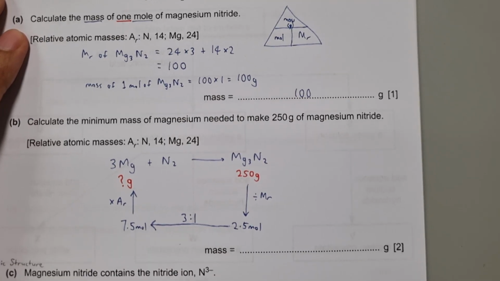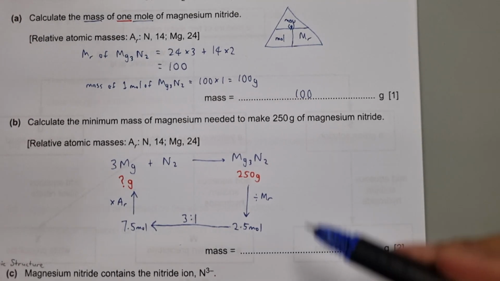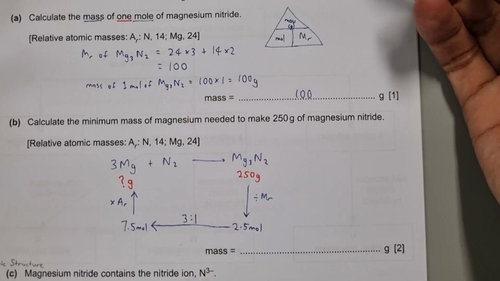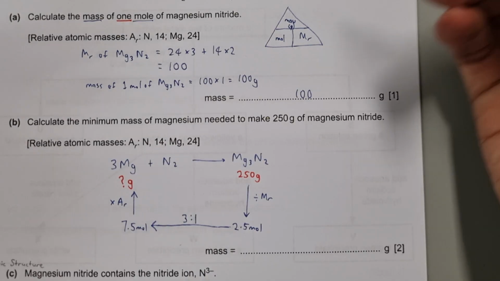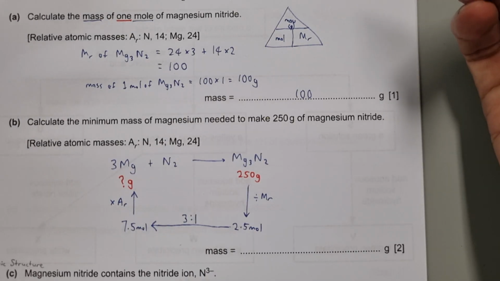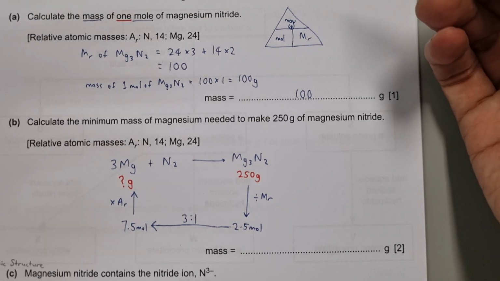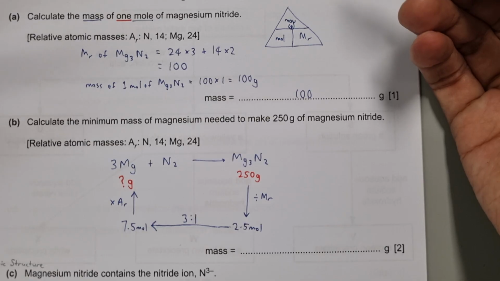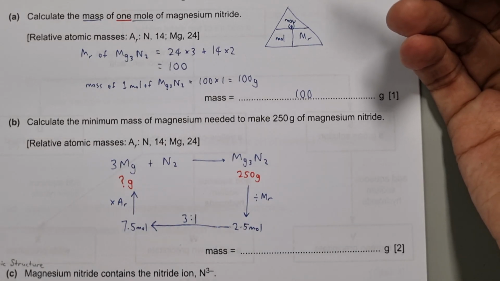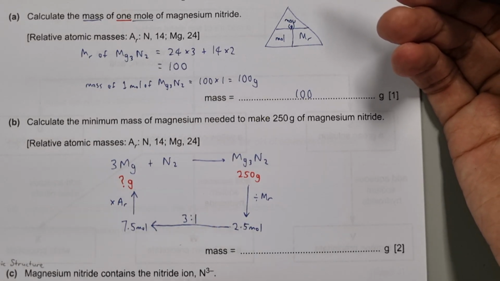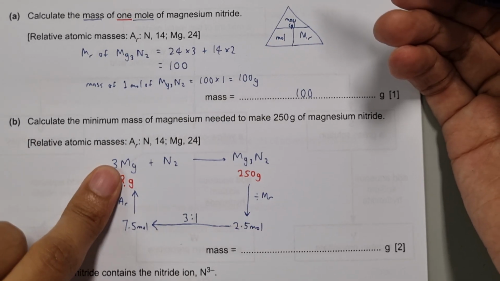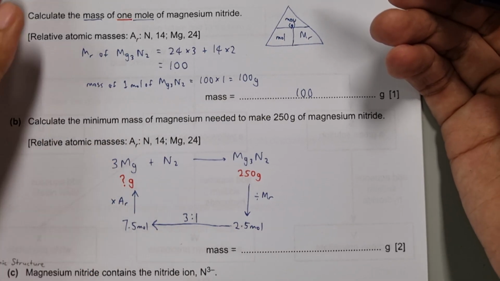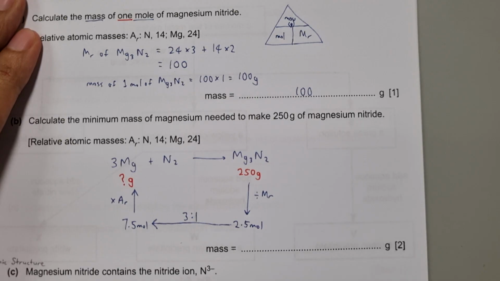A good way to remember is when I ask you what is the formula of water, you give me H2O. You don't say 3H2O, because the 3 is part of an equation when balancing, for example. The coefficient is not part of the formula of water. Same thing here. Magnesium, the formula is Mg, not 3 Mg.